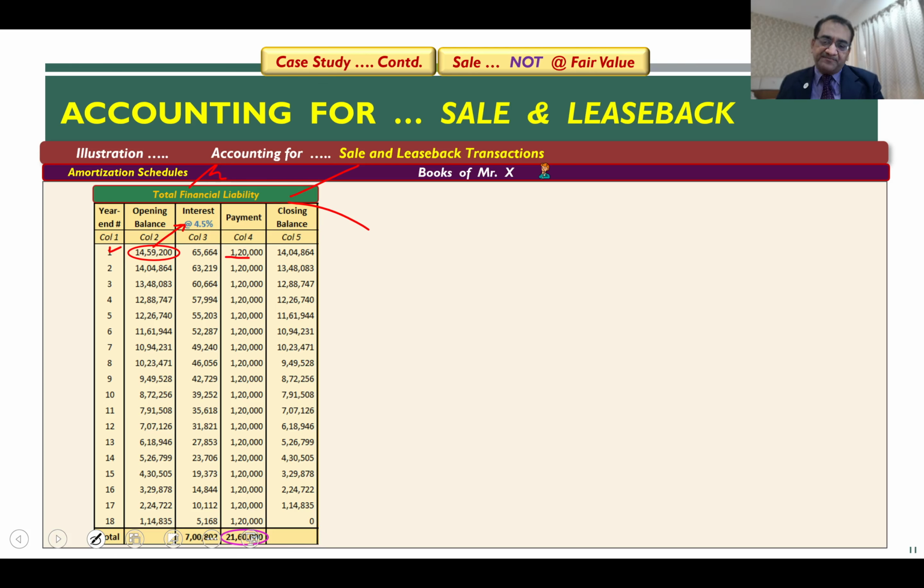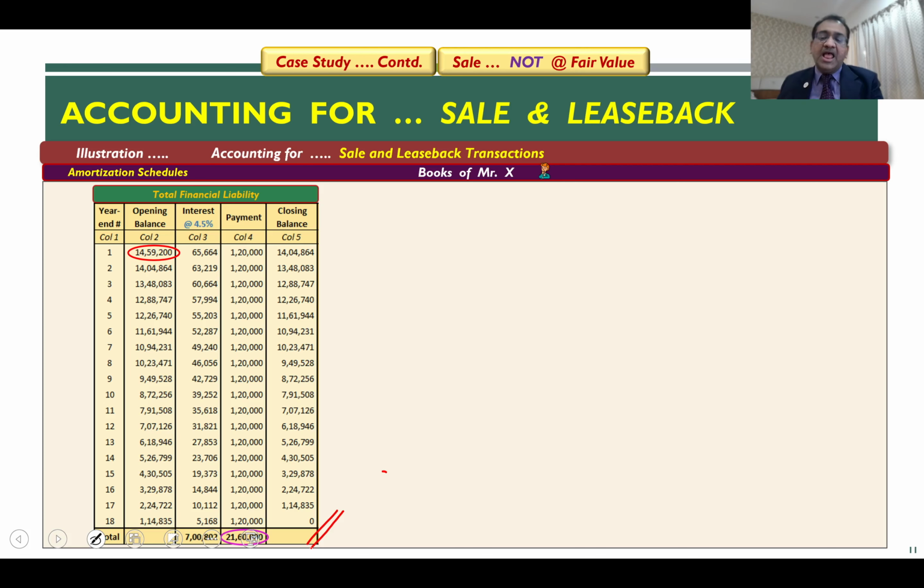Therefore, opening balance plus interest accrual minus the payment you have made is your closing balance. That becomes the opening balance. The same process you repeat for all 18 years, and by the end of the 18 years the liability gets knocked off.